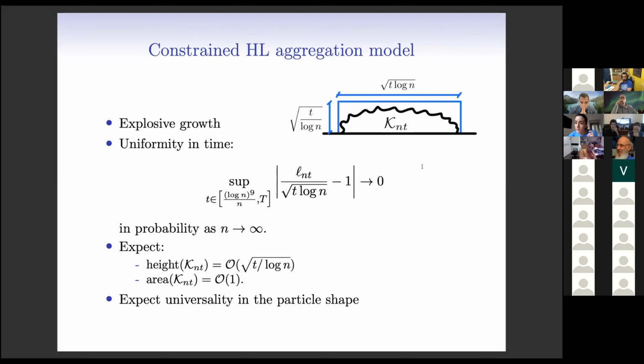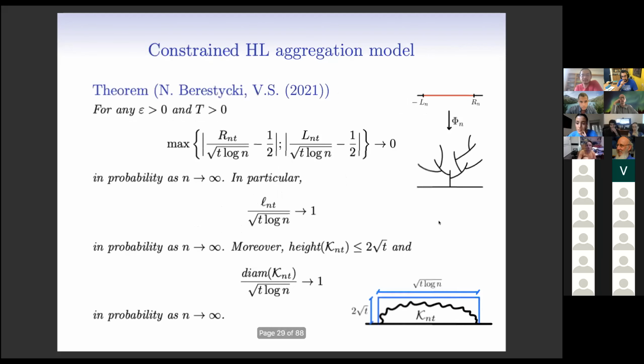There is a question. I see someone raise their hand. Oh yeah, hi. I was wondering if there's a typo in your main theorem. Would you mind going one slide back? I noticed the right edge R_t and the L_t, they have a similar growth.